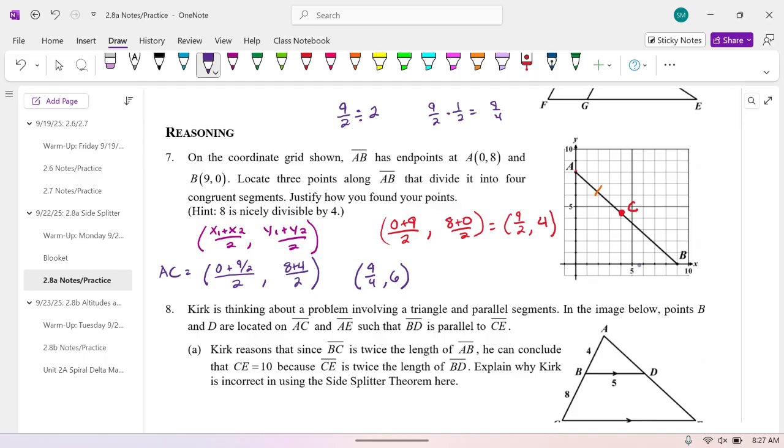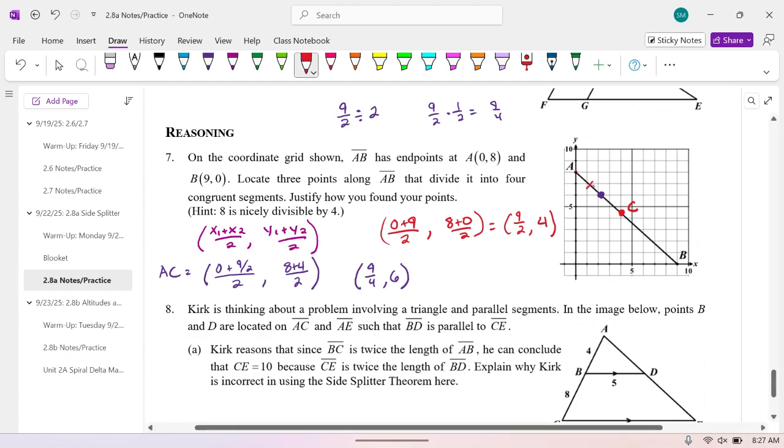So let's see, 9/4, that's 1 past 2. So a little bit past 2, and then all the way up to 6. So about right here. Now, it's not drawn to scale. I just kind of did it my best. But now we know that these two segments are congruent.